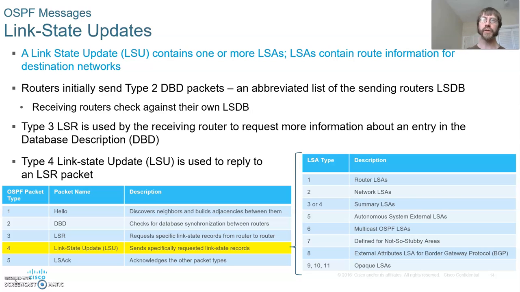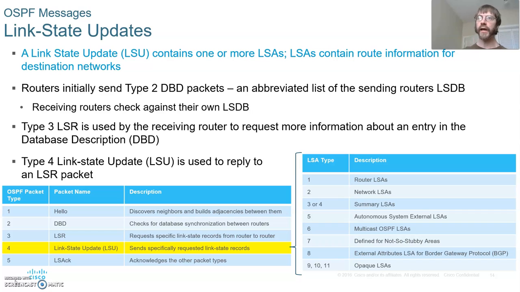Like I said, they usually initially send type 2 DBDs, a list of routers in the LSDB. The routers compare it to their own lists to determine, hey, is my neighbor talking to me about a router I don't already know about?